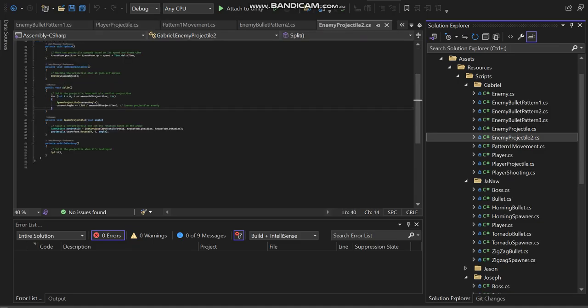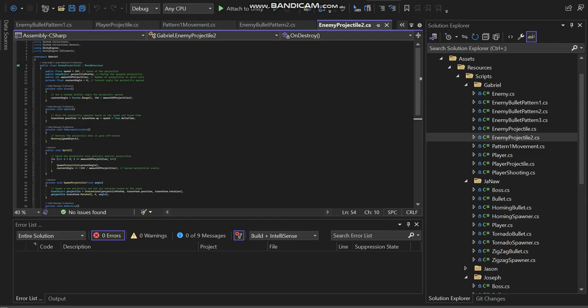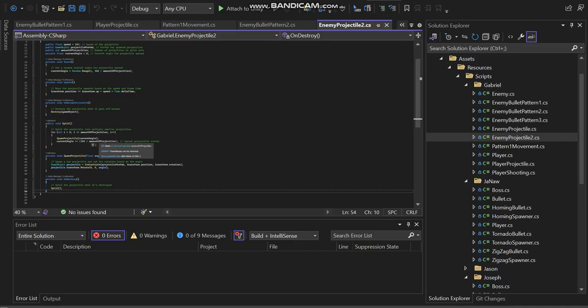For the splitting of the projectile, it uses a similar script to bullet pattern one, but it uses this equation over here, which spawns projectiles evenly using the amount of projectiles.